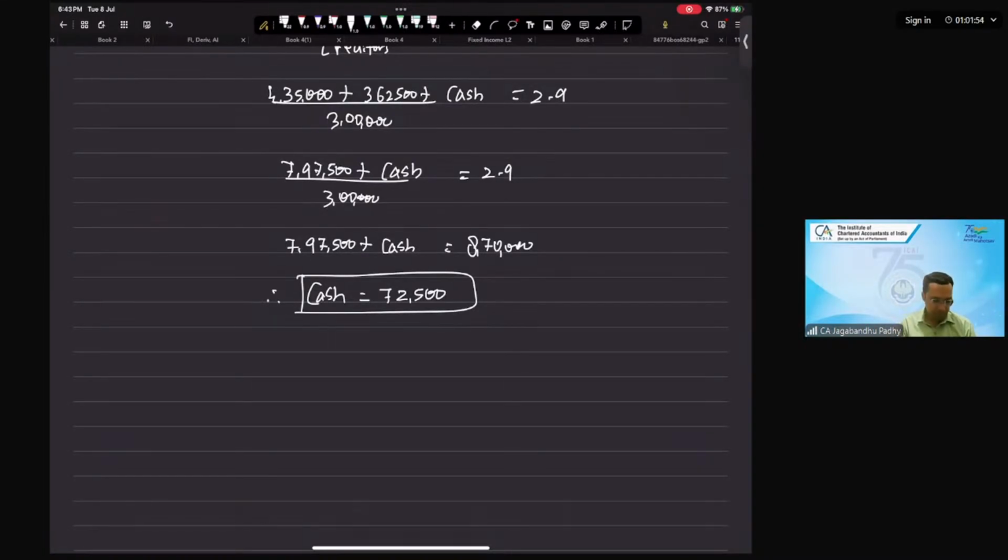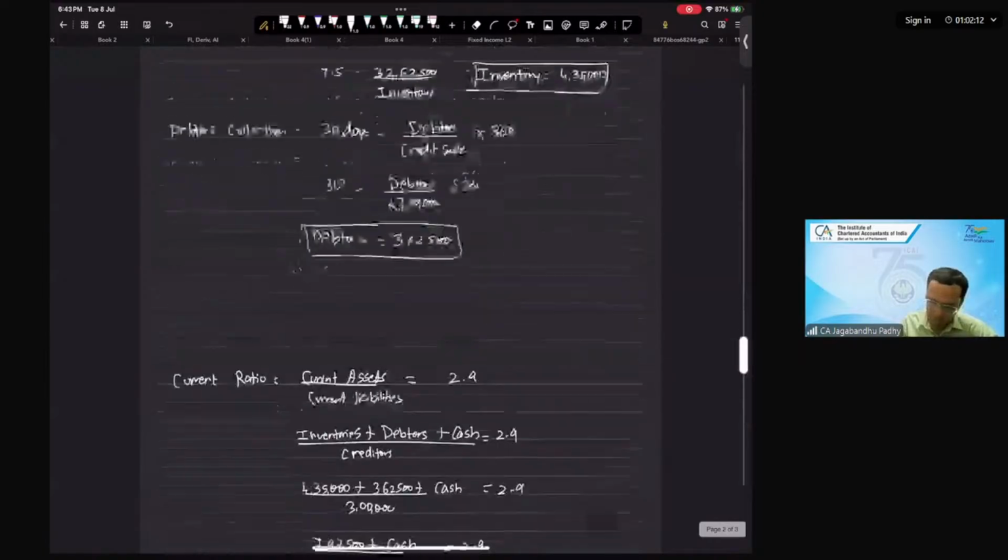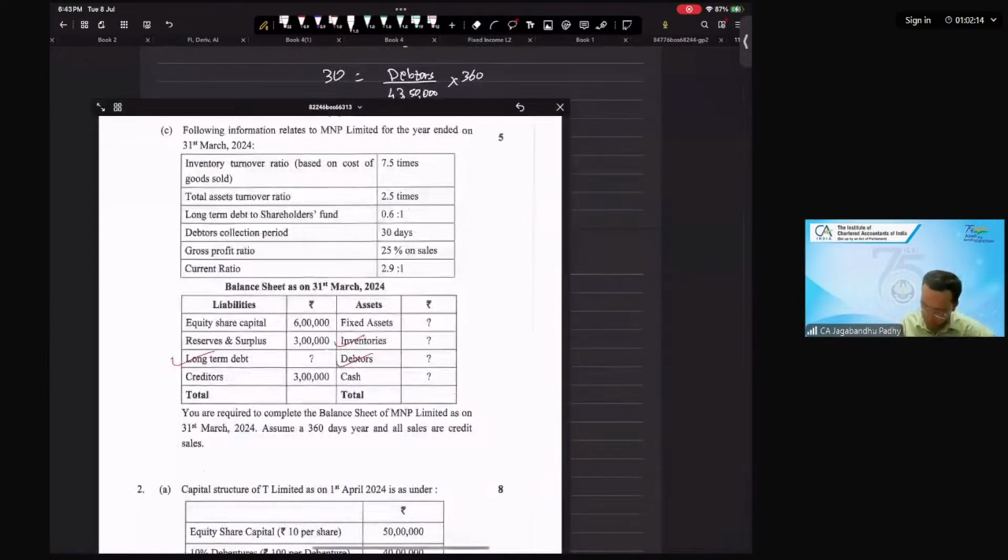Okay. Cash balance is 72,500. So we have got the cash balance also.